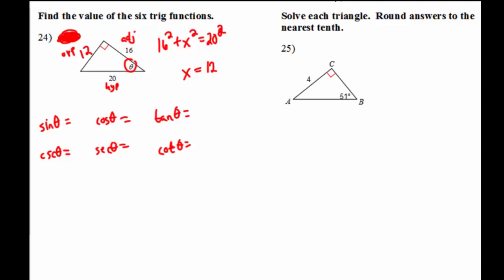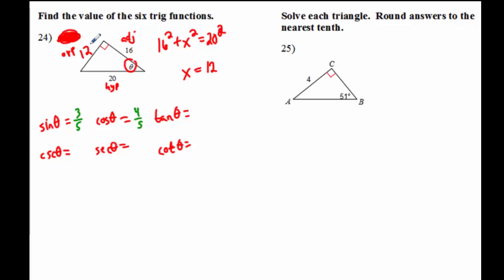So on sine, opposite over hypotenuse, 12 over 20, I can simplify that and get 3/5. And I would rather you write 3/5 than 12 over 20. Cosine is adjacent over hypotenuse, so 16 over 20, which reduces to 4 over 5.